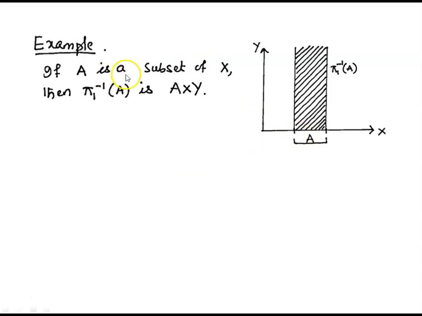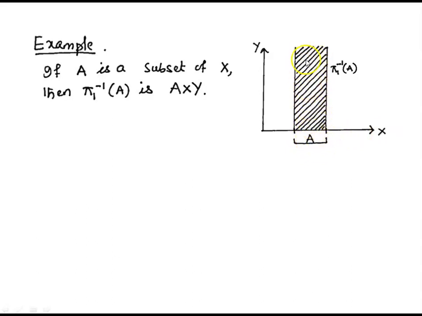If A is a subset of X, then pi1 inverse of A is A cross Y. Here we have the X axis and here we have the Y axis, and A is a subset of X. If we operate pi1 inverse on A, then we will get this region.